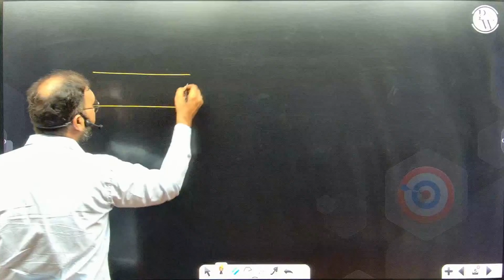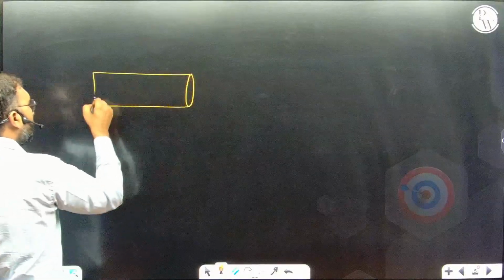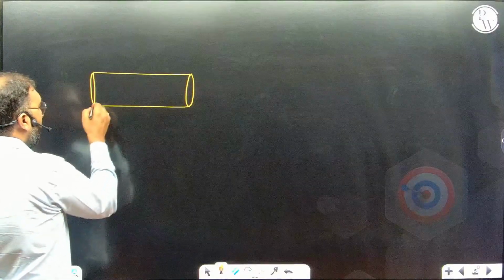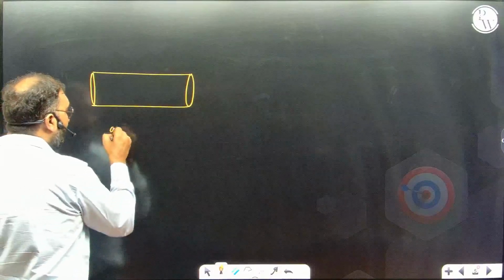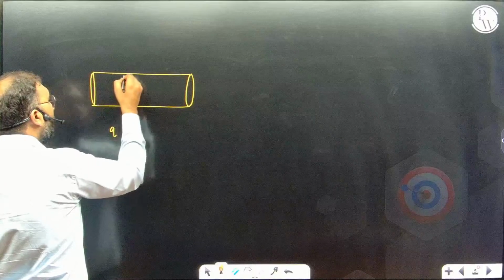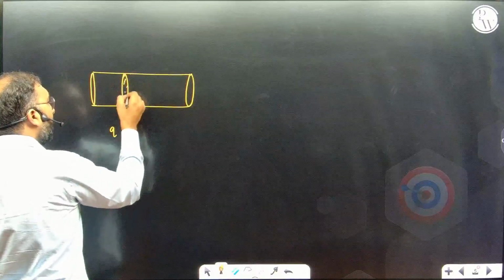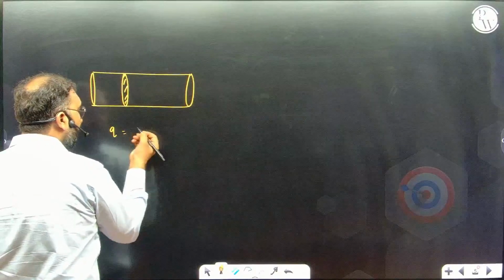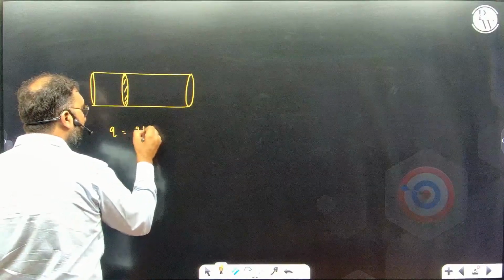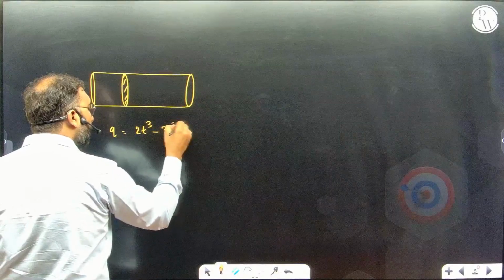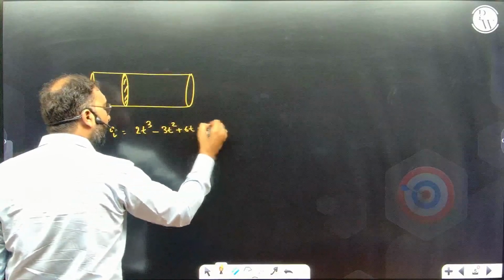Now let's say this is your conductor, okay, and for this given conductor, it has been given that the charge flowing through the cross section of the conductor at a given time t is given as a function of time, like 2t cube minus 3t square plus 6t plus 5.